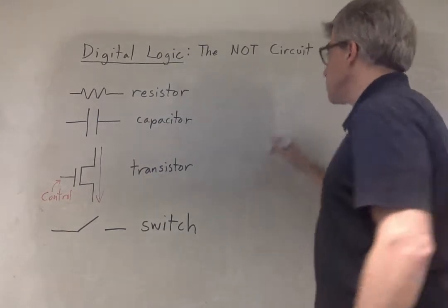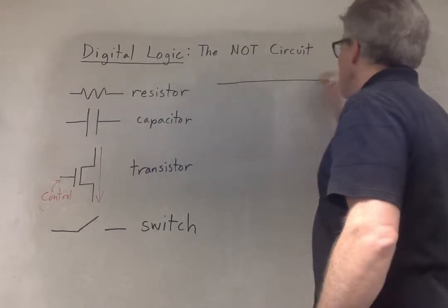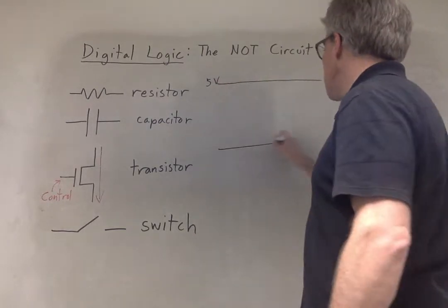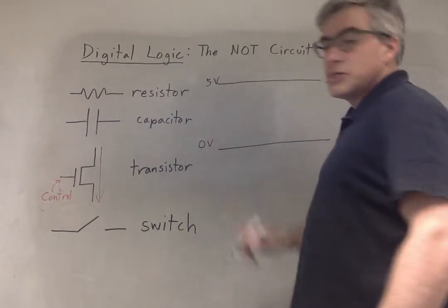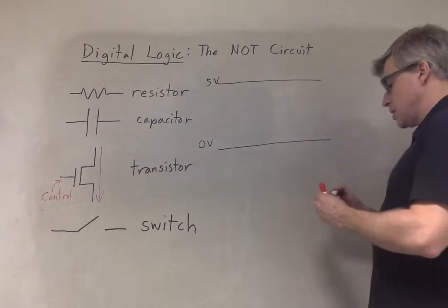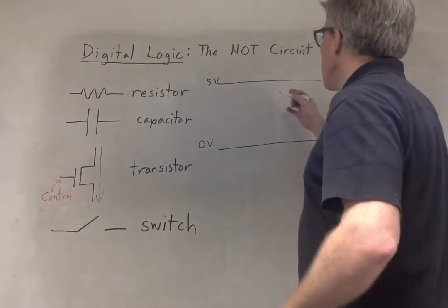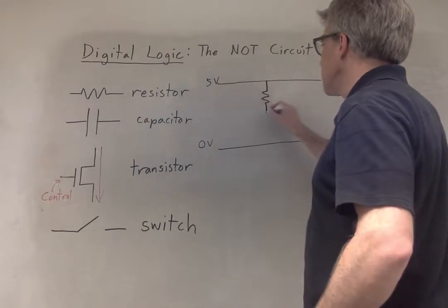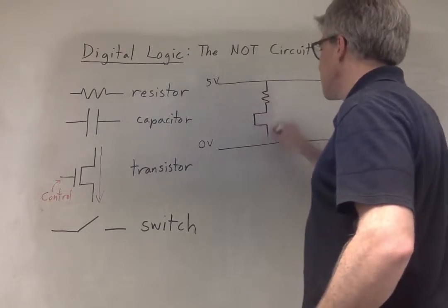So here's the first example. If you have a wire that's connected to 5 volts and a wire that's connected to 0 volts, we can attach a resistor and a switch.